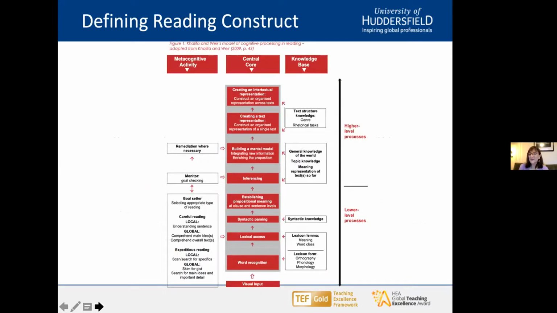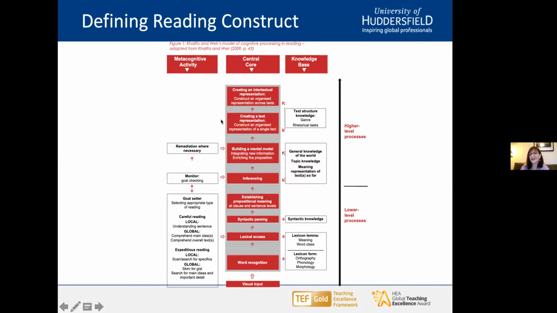Actually, just with a quick look, I was talking about a framework by Khalifa and Weir about reading levels, reading types, and reading purposes. I'm not going to go over this, but the interested audience can just look at this and see how different kinds of reading are defined, starting from word level reading, sentence level reading, across sentences level reading, text level reading, and eventually across texts level reading.